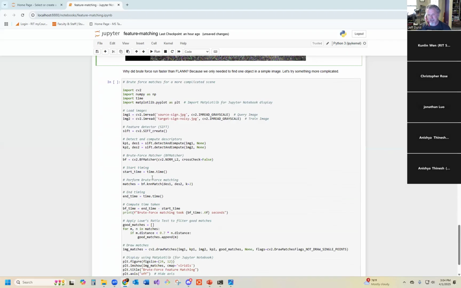It's a function of both: we were stupid with our parameters, and it's also a very simple image. If I'm only looking at a few key points, I can do brute force pretty easily.